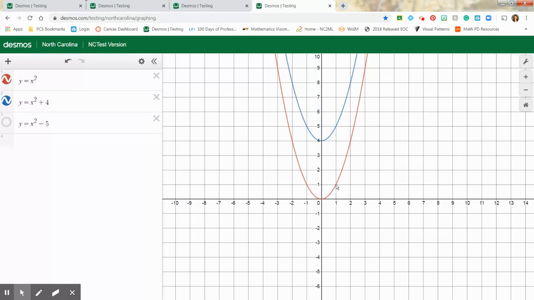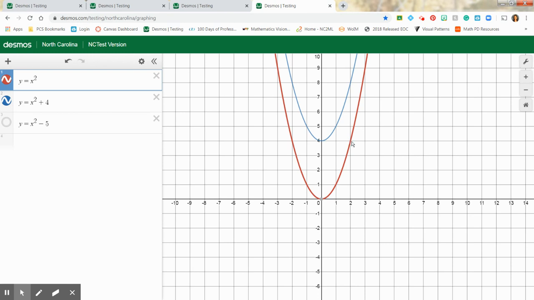So here, this point was 1, 1. If I could get right on 1, 1, I'm not going to be able to, but we can pretend. So this point right here is 1, 1. And now when I shift it up 4 units, I'm going from 1, 1, up 1, 2, 3, 4, to 1, 5.